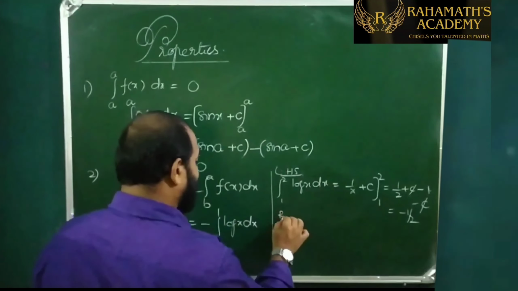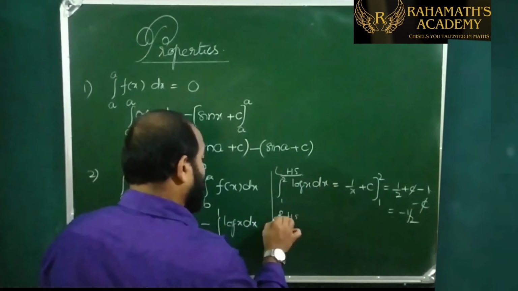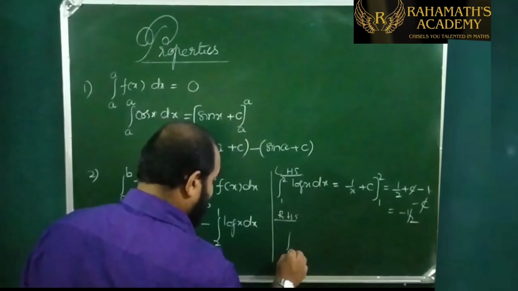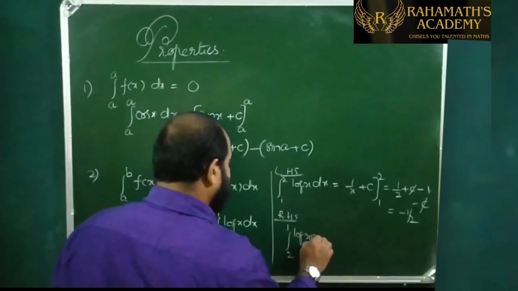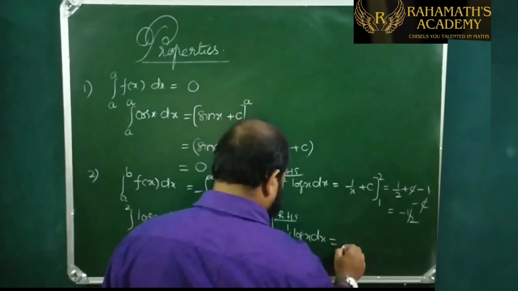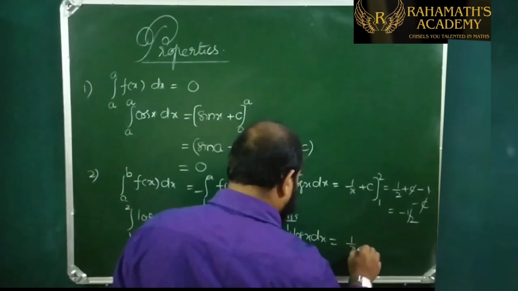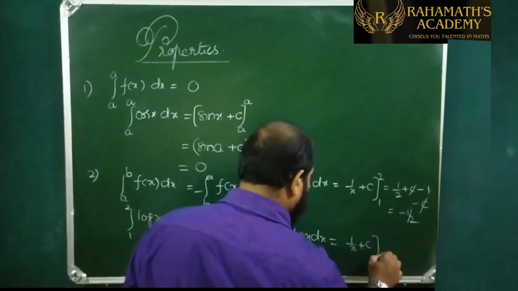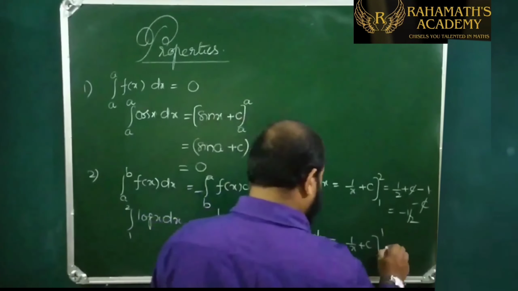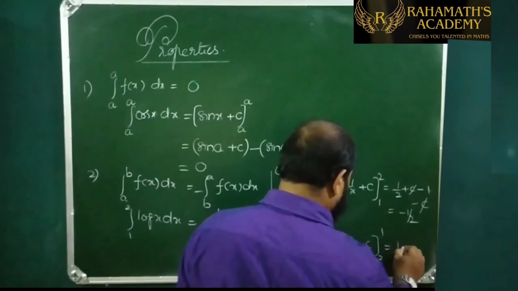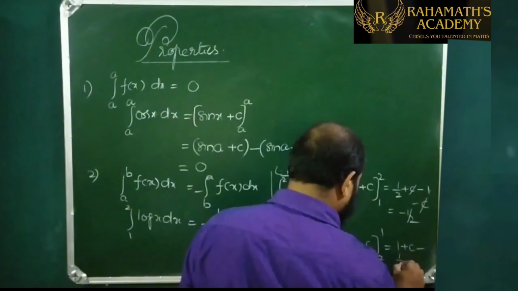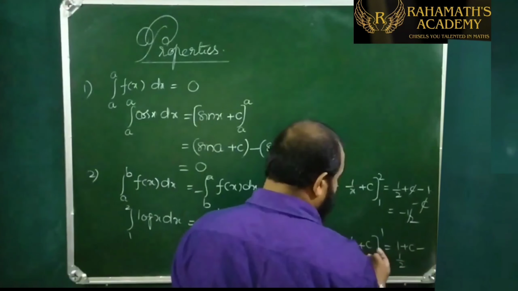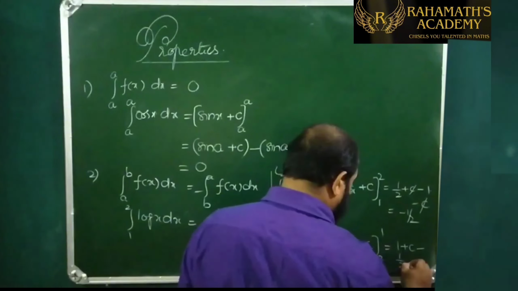Now if you consider the RHS, the integral from 2 to 1 of log x dx is equal to 1 by x plus c. This time it is 2 to 1. Now it is 1 by 1 plus c, so 1 plus c minus of 1 by 2 plus c.